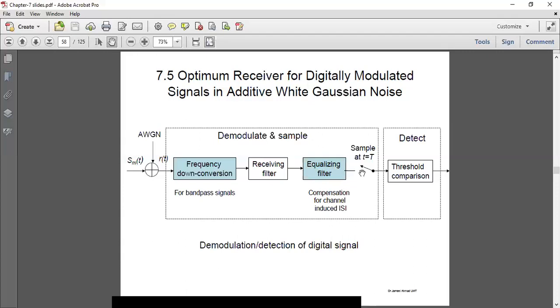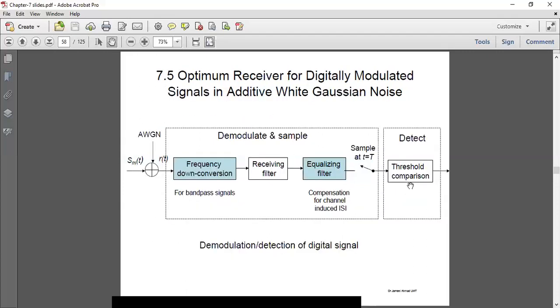Then we sample at t equal to T, and then we detect. The detection device will decide which signal was transmitted. We will set some threshold, and the received signal will be compared with that threshold, and then a decision will be made that a particular signal waveform was transmitted.